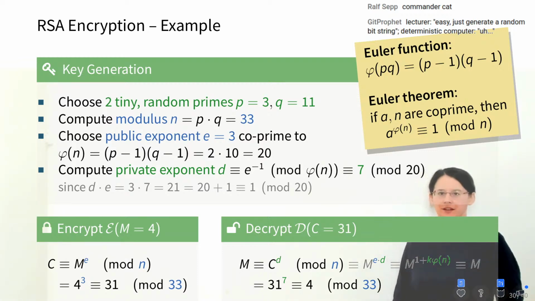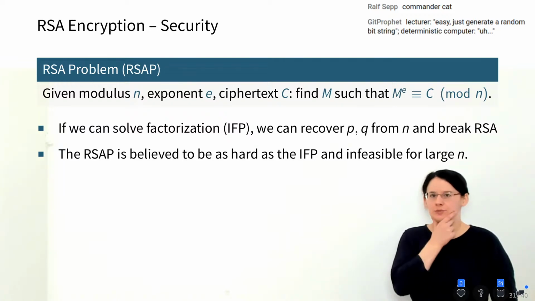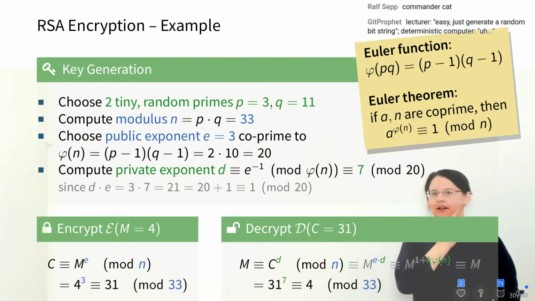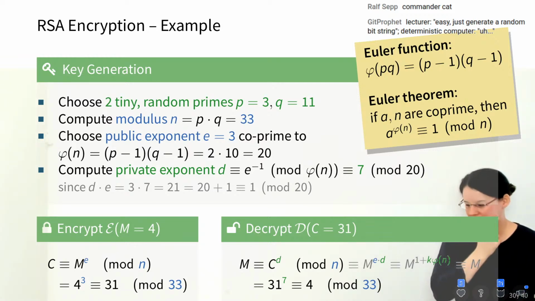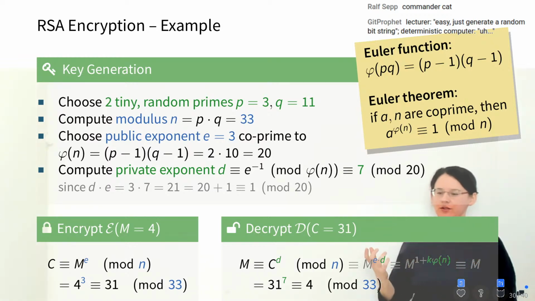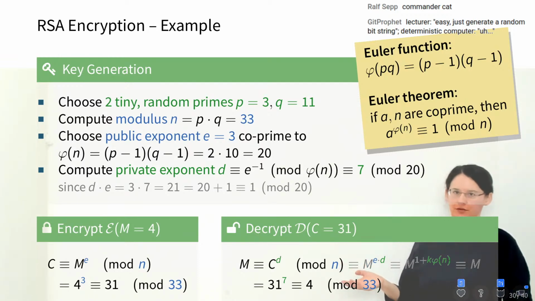What about the security of this scheme? What is it based on? So we were talking a lot about secret exponents. However, the RSA problem is not actually usually phrased as a discrete logarithm problem, as you might expect from this here, because we do have a secret exponent.